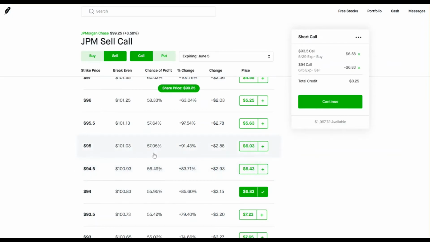So I capture another dollar. Let's say the following week I buy back this $94 one and sell this $95 one. So what am I doing here? I captured another dollar. I got some credit, and the option is being extended for another week out.